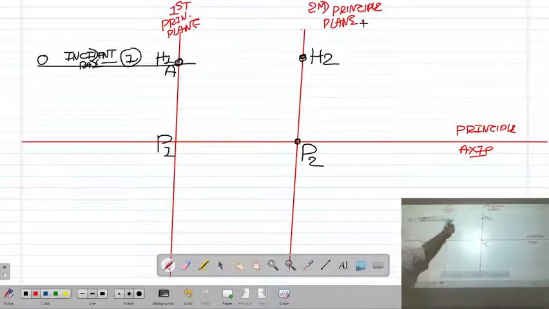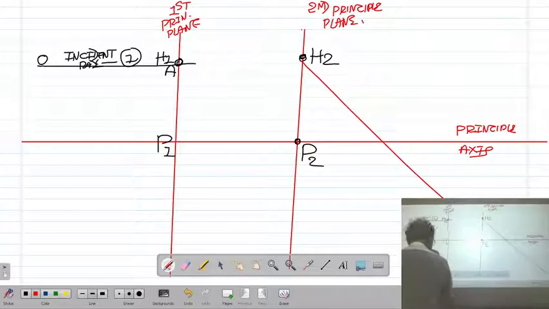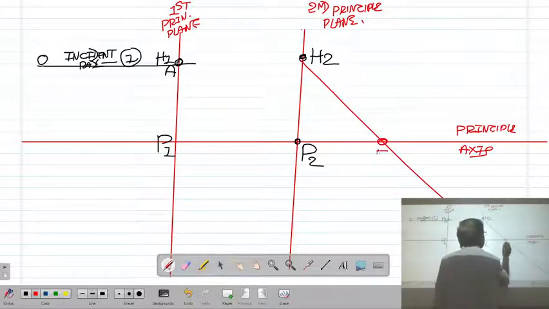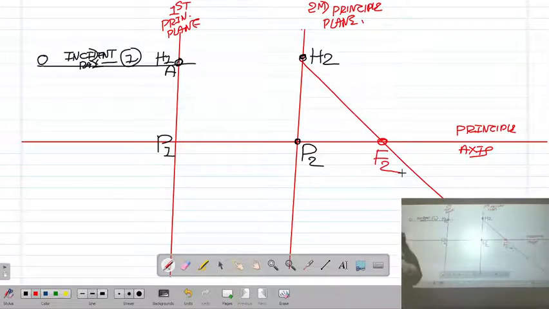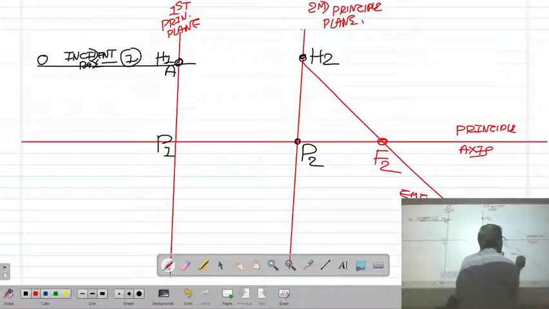So the ray of light OA traveling parallel to the axis undergoes refraction in the lens system, and after refraction, it passes through the focal point F2. So OA is the first incident ray, and this H2F2 is the first emergent ray.